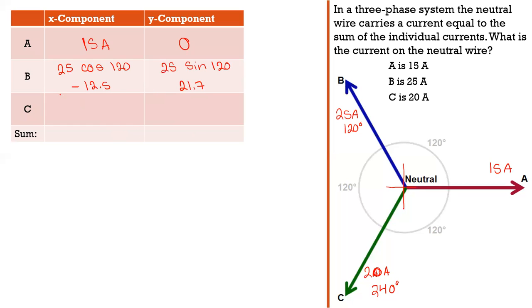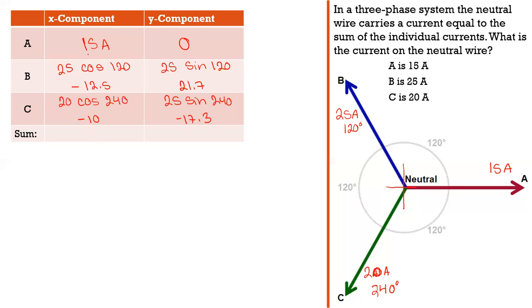Vector C, we have 20 amps, and it's at 240. That gives us negative 10. And then we have 20 sine 240 for the y, and that gives us negative 17.3.